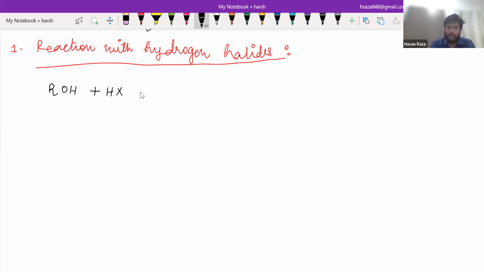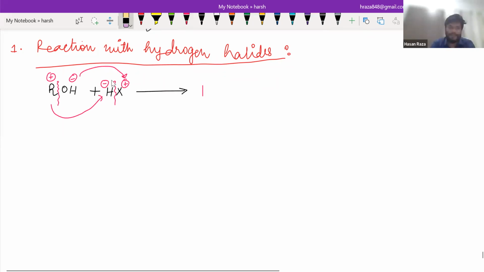This CO bond will break and this will also break. This is negative because it is more electronegative, and this is positive. This positive will go to negative and this positive will go to negative, and there will be formation of alkyl halide. Yes or no? Are you getting my point?